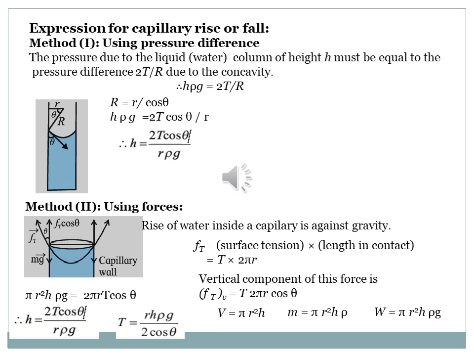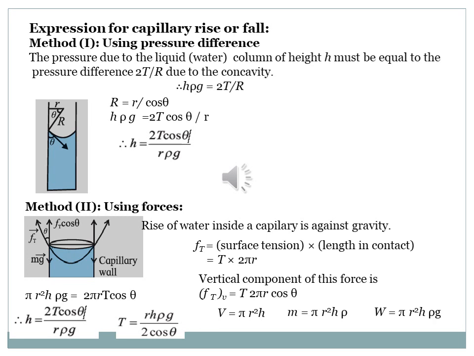So we have to consider the relation which was derived previously, which is Pi minus P0, the pressure difference, equal to 2T by R. In case of water, we are going to consider it as water itself, not a bubble or a soap solution. So simply the pressure difference is 2T upon R due to concavity.